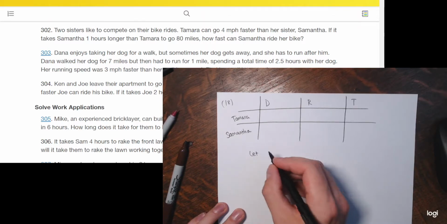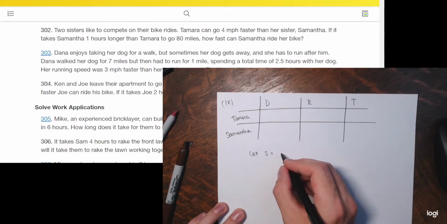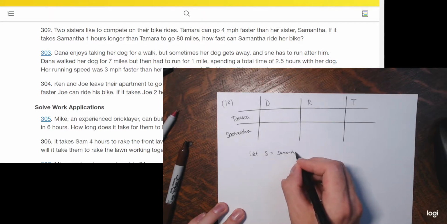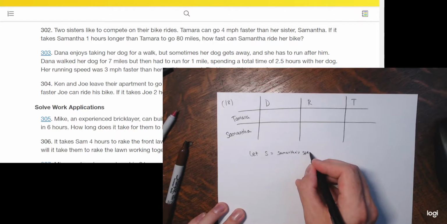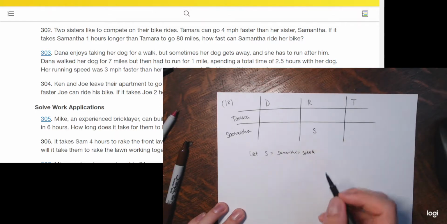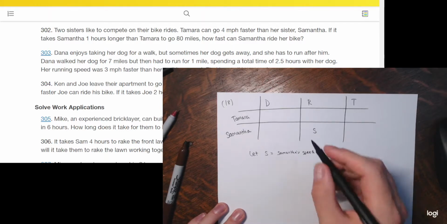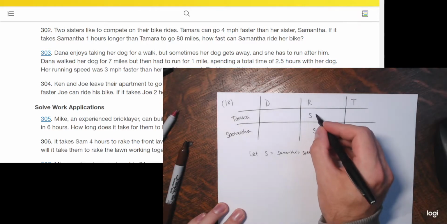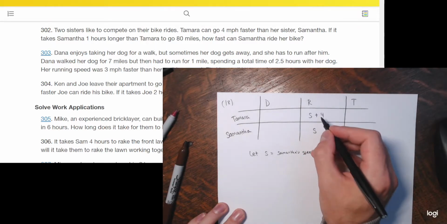So I'm going to let S be Samantha's speed on the bike, her rate. So that'll go under rate for Samantha. Tamara can go 4 miles per hour faster than her sister, so Tamara's speed will be Samantha's speed plus 4.